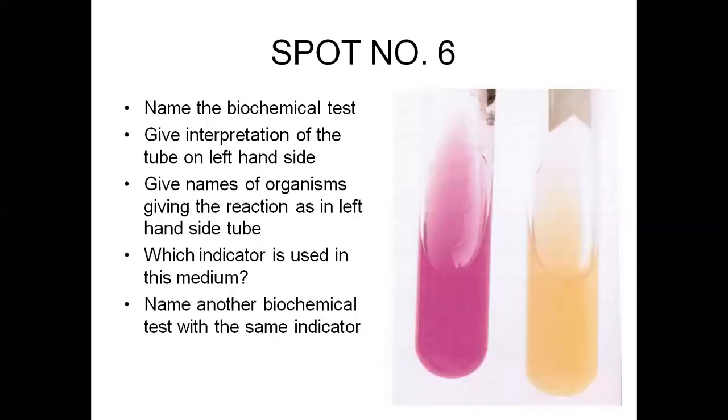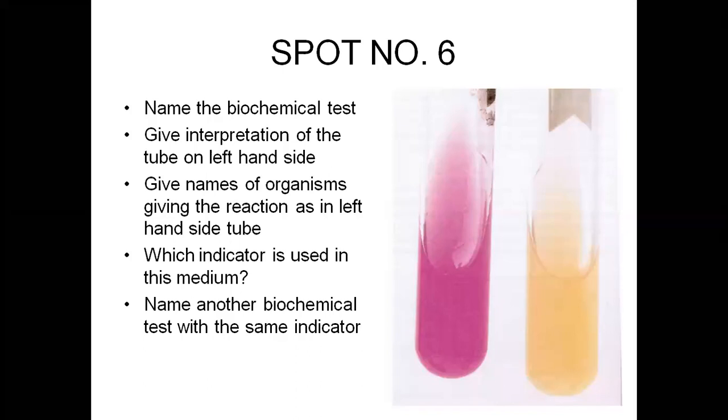This is another biochemical test. This test is again in the form of an agar or a solid medium. Name the biochemical test. This is the urease test. Again, this is in the form of an agar. The agar contains all the basic nutrients. The added thing is urea.